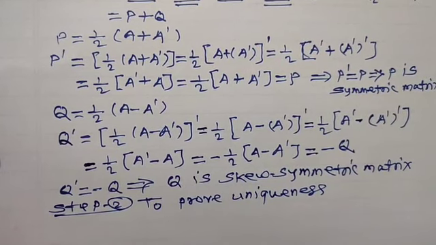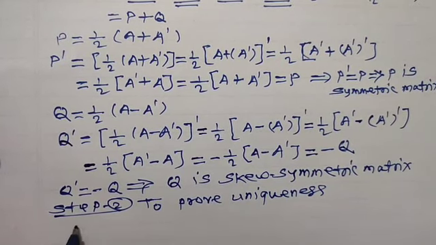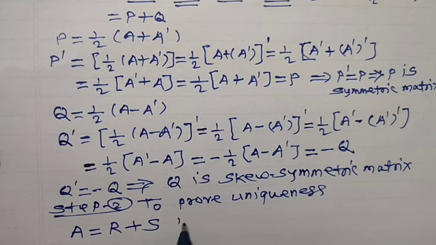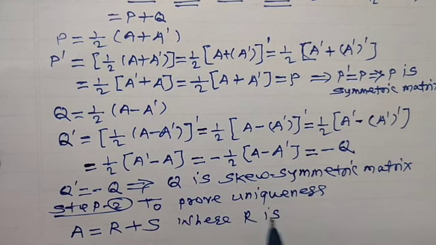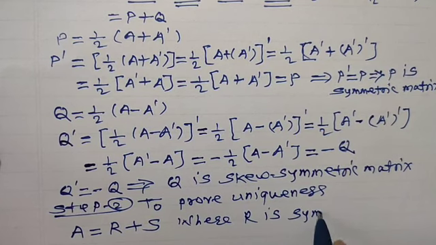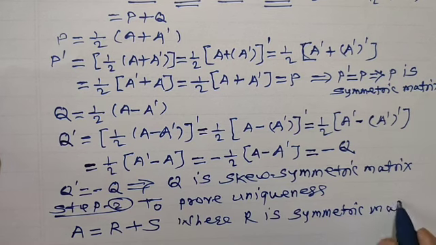To prove uniqueness, what we have to do? Let A be equal to the sum of another two square matrices, R and S, where R is, suppose, a symmetric matrix.